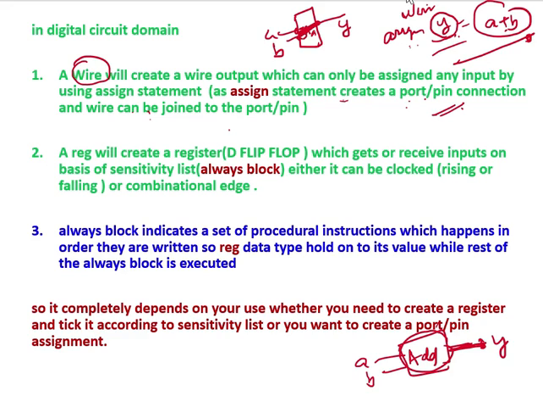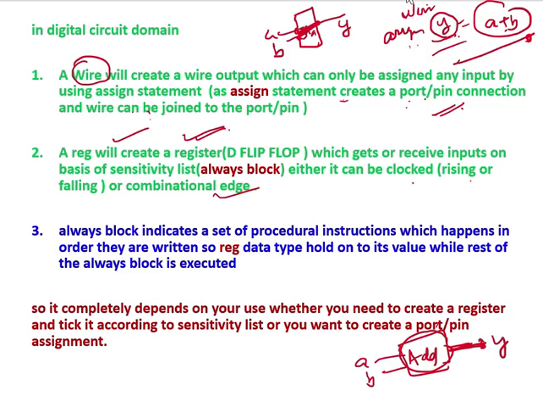And what is reg? Reg will create a register. Reg means register, or a simple D flip-flop, which receives inputs on the basis of the sensitivity list. For example, in an always block, if there is a sensitivity change, then we assign something to some variable. In that case, reg is simply like a register. It can be clocked on the rising or positive edge of the clock, or it is a combinational edge.